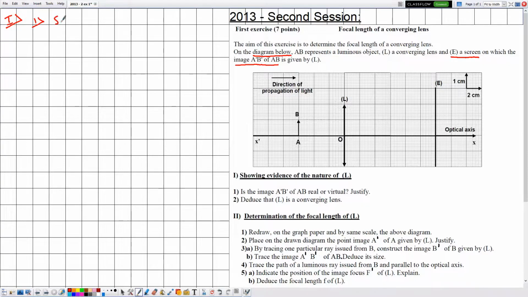Then let's say, since it's collected on the screen, then in this case, the image A prime B prime is real.